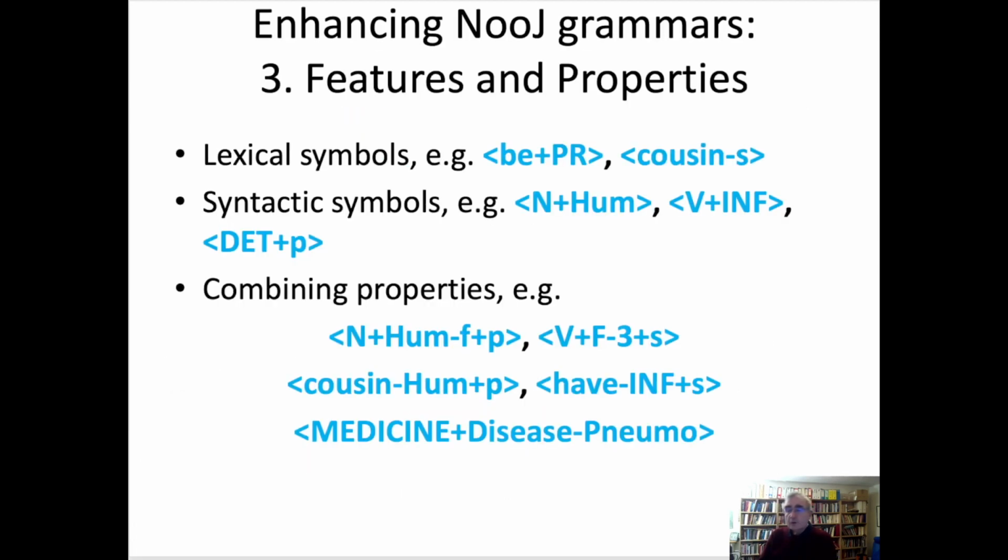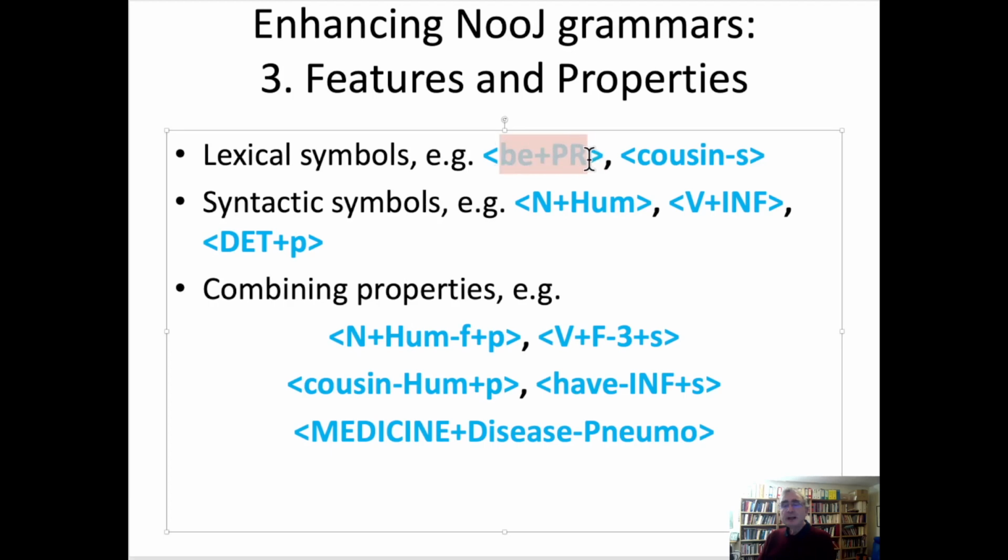And we can, of course, combine lexical and syntactic symbols with properties. For example, we can write something like B plus PR. So this matches any word forms of the lexical entry B which have been associated with the code PR, which basically means present in the NooJ English dictionary.